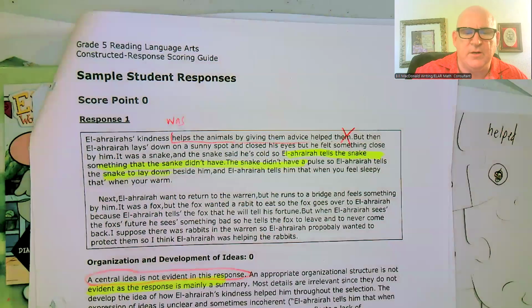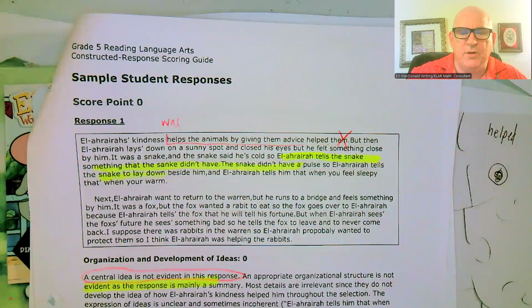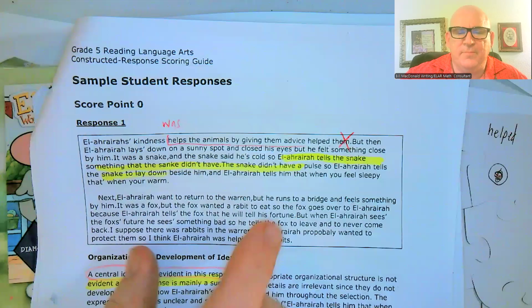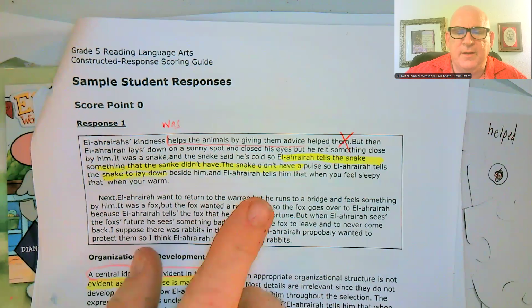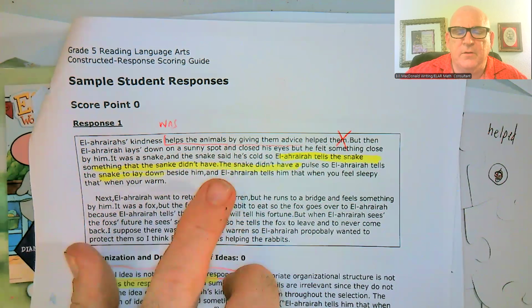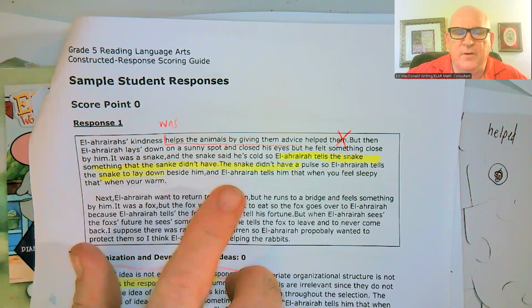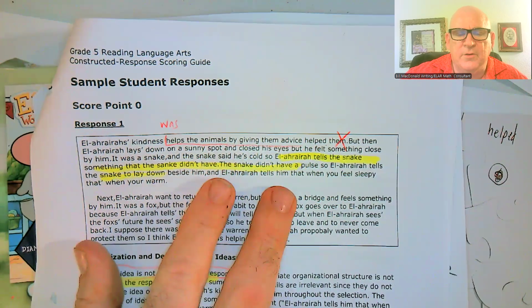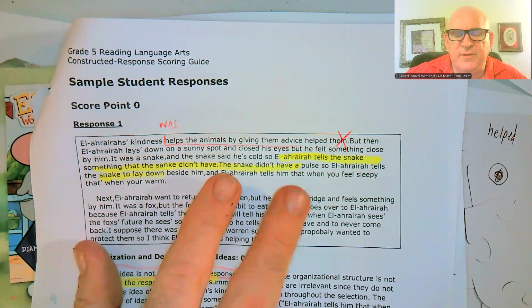Okay. So here's the two that I was talking about. Response one, you can see he's helping them. Okay. And it kind of has a little bit of how he helped the snake. And so if he can talk about because his kindness of helping the snake, and you don't need to go into 3, 4, 5 sentences about it.